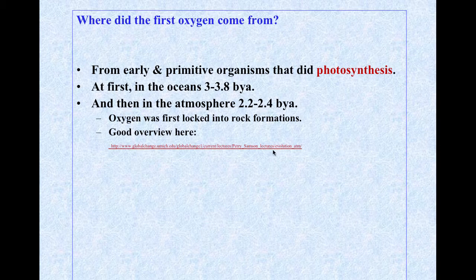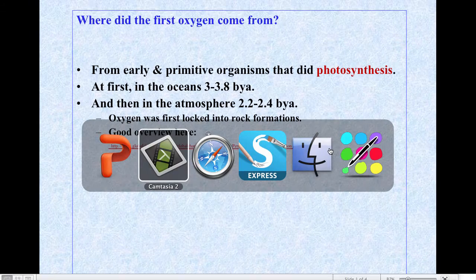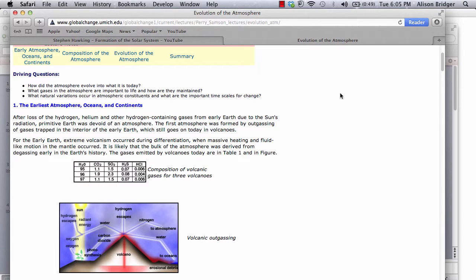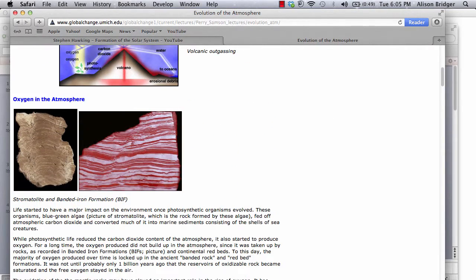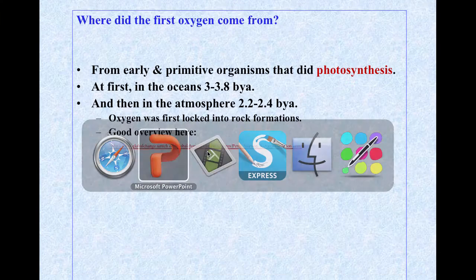And I've given you a link here to another website that's got some useful information, Evolution of the Atmosphere. And that includes a discussion here of formation of oxygen in the atmosphere. And as you can see from the pictures, it's not just telling you what we know, but there's also some evidence to prove it.